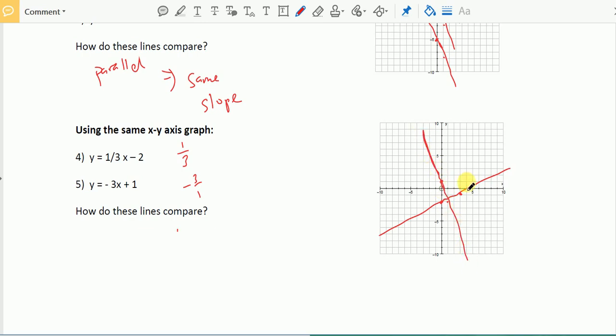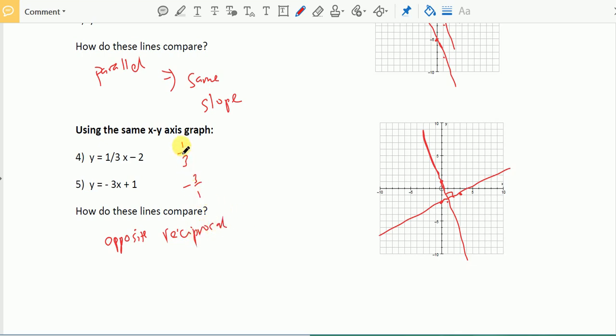And this looks like they are not parallel, but they are perpendicular because they make an angle of 90 degrees. And in this case, if you notice the slope, this is 1 over 3, but this one is 3 over 1, but there's a minus. So these two lines are called perpendicular because they have opposite reciprocal slopes.